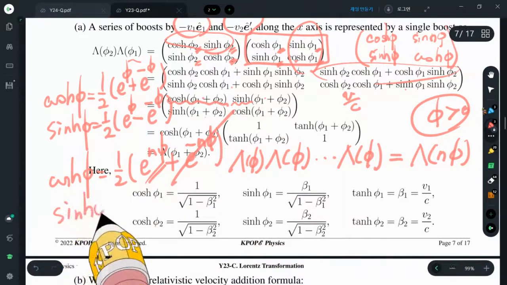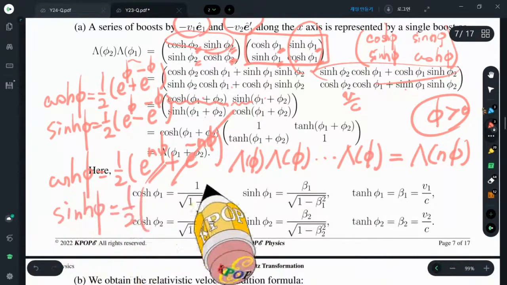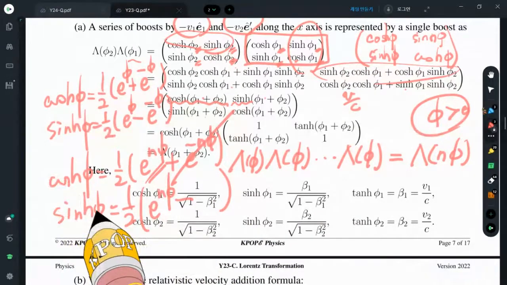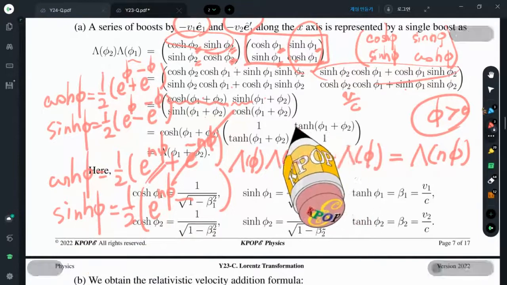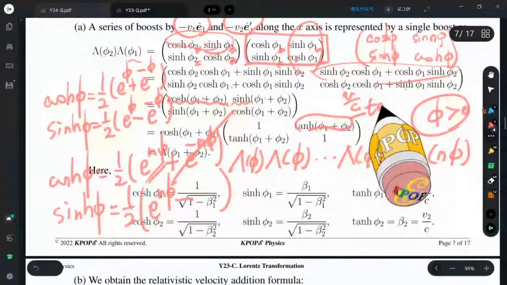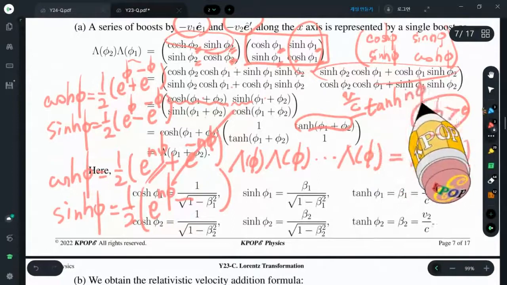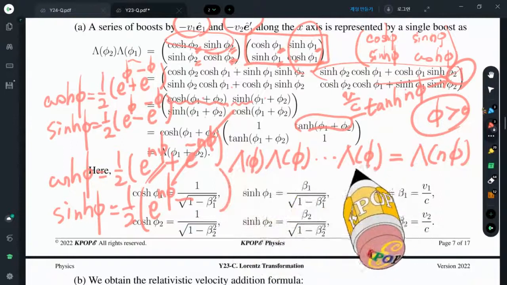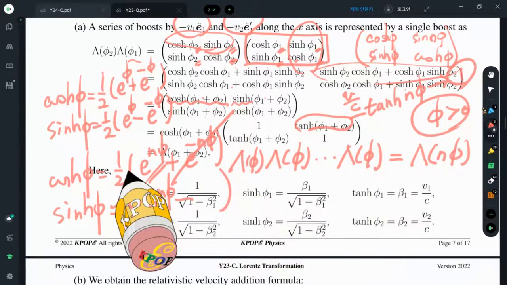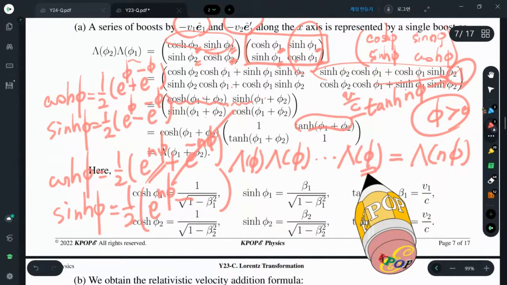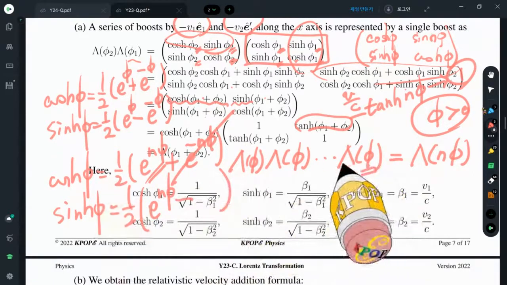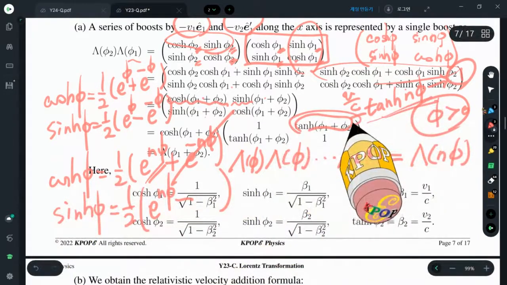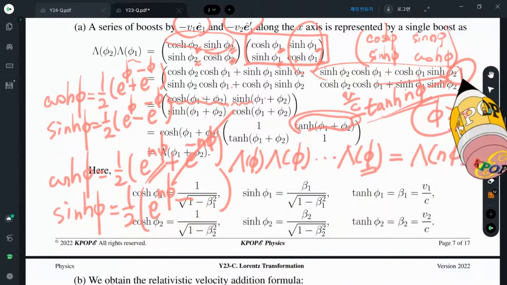What is sine hyperbolic n phi? It again has the same structure. So what is the tangent hyperbolic? Tangent hyperbolic n phi goes to 1. You boost an infinite number of times by the same relative velocity. Whatever number of times you multiply, your final result is tangent hyperbolic phi equals 1.